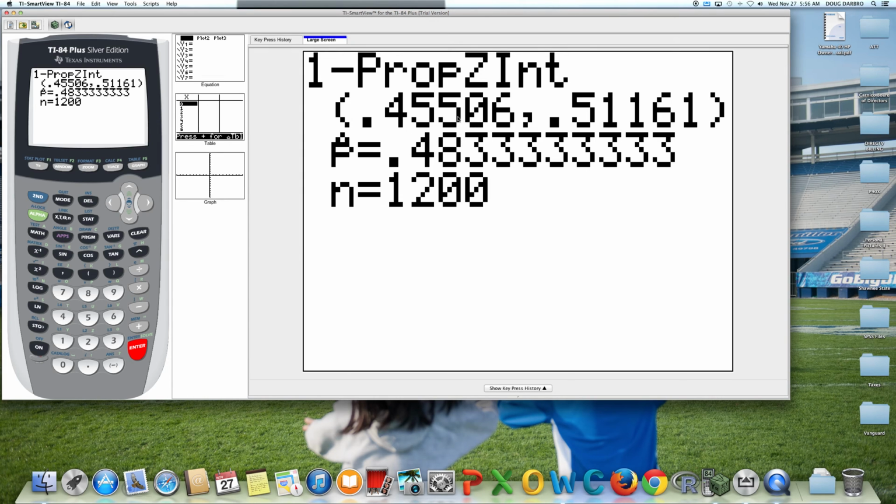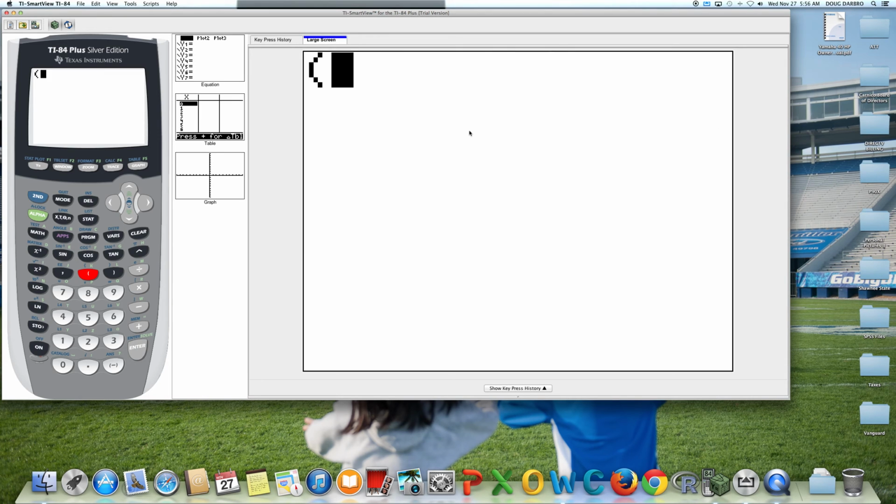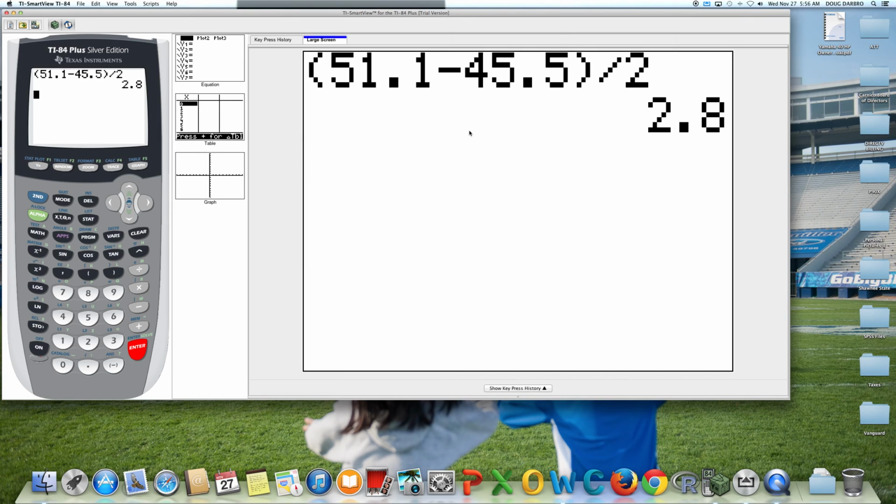This interval is going to run from 45.5% to 51.1%. The easiest way to find the margin of error is to put this into percentage, so 51.1 minus 45.5 divided by 2 gives us 2.8. So our margin of error is going to be plus or minus 2.8.